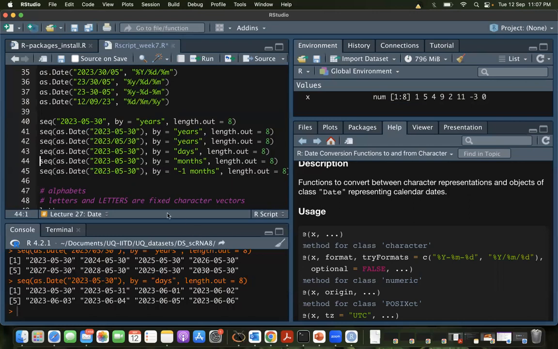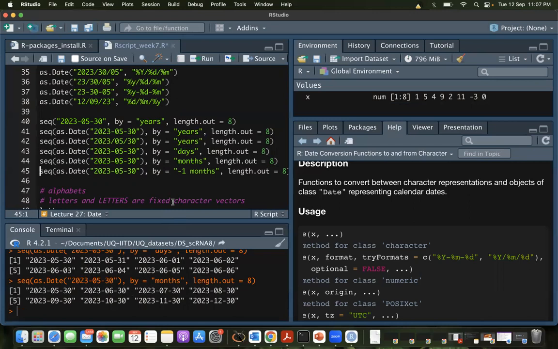Give this a try with the leap year. Try something around 28th, 29th Feb in 2020 or 21, and you'll see it's treating it differently, incorporating the concept of leap years. This was by years and by days, and likewise you can have it for months. So you can have 30th May, 30th June.